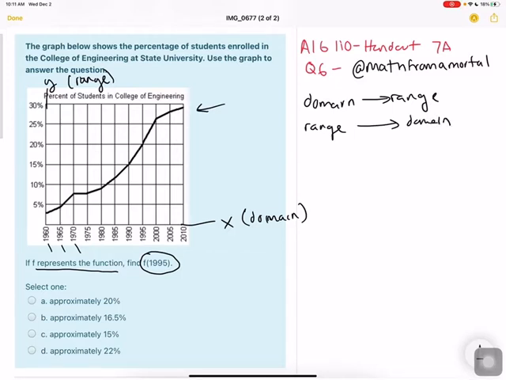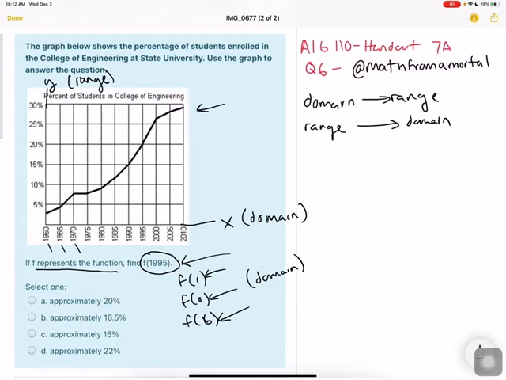So when the question says something like f of 1995, or f of 1, or f of 0, or f of 6, when it says f of something, this number that's inside the parentheses is my domain. So I'm being given the domain, and I have to find the correspondence in the graph in the range, or the y-axis.